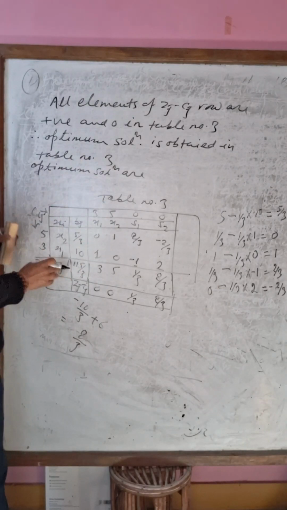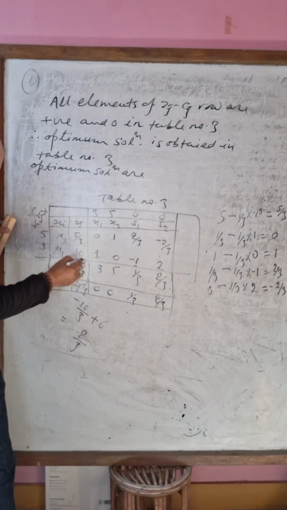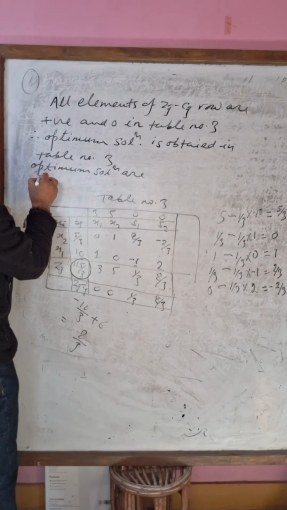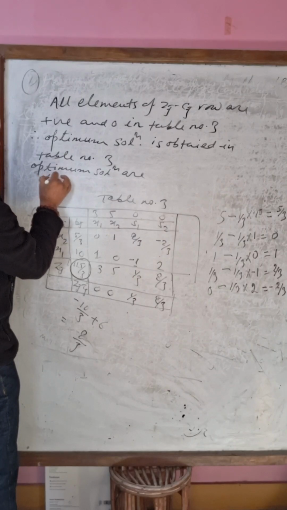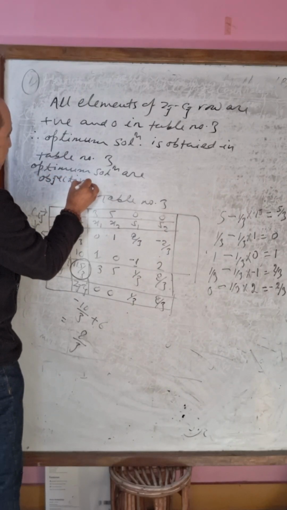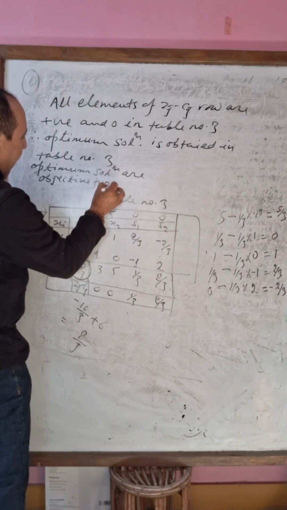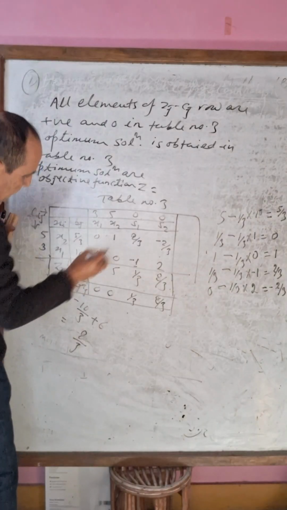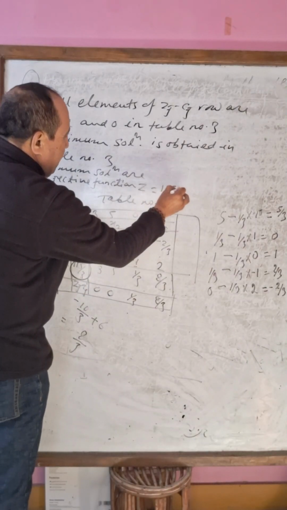So this value in the optimum table is the value of the objective function, that is Z. Z is equal to 115 by 3.